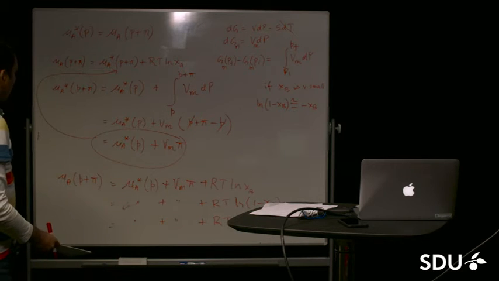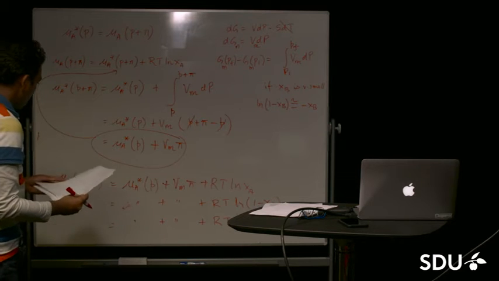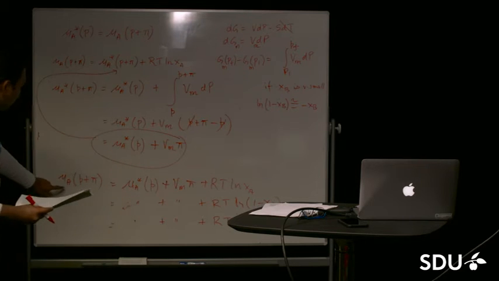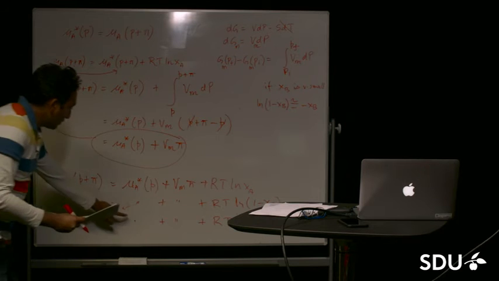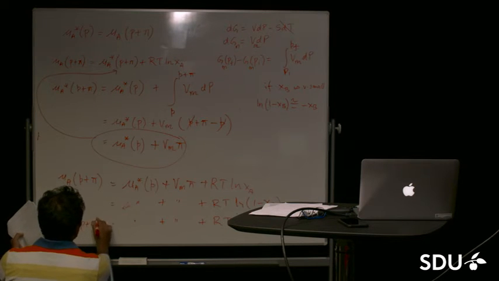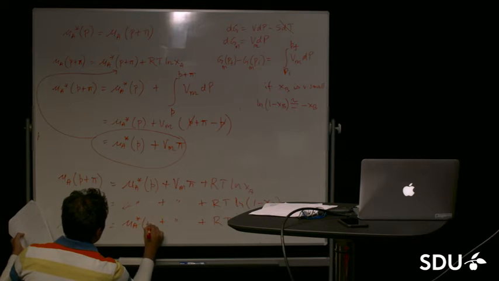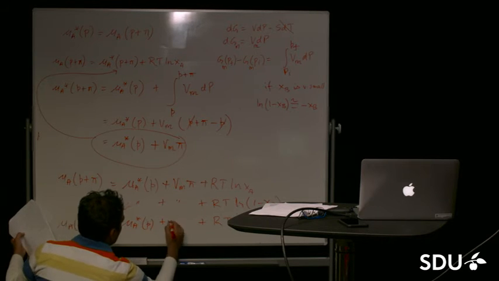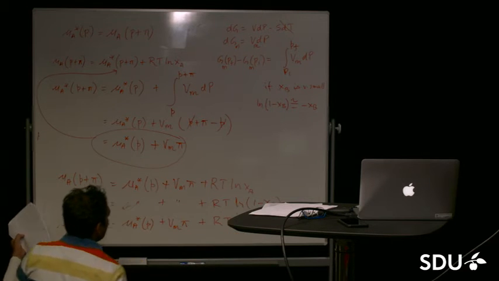Okay. So let's rewrite this once again. So now you have the chemical potential of the solvent at pressure P plus pi equals the chemical potential of the pure solvent at a pressure P plus the molar volume of the solvent multiplied by the osmotic pressure plus RT multiplied by minus XB.